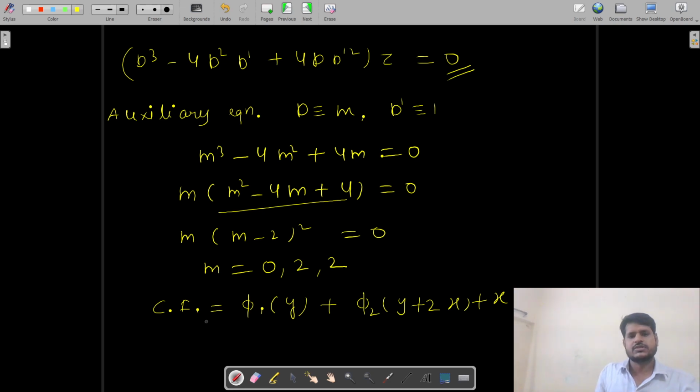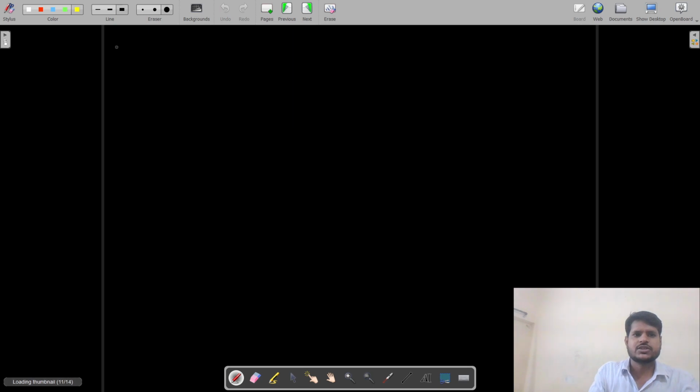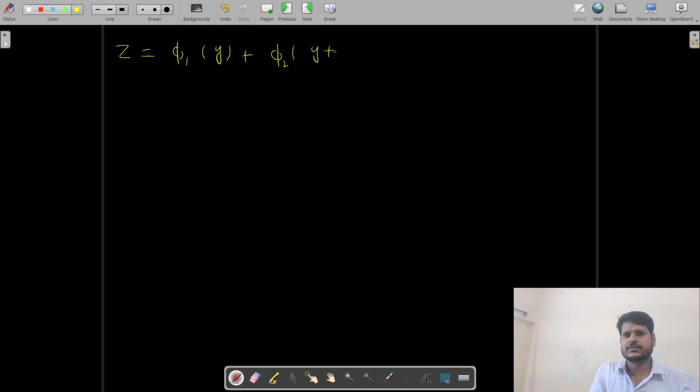So this is the complementary function, that is our solution. That means z equals phi 1 of y plus phi 2 of y plus 2x, and again we have phi 3 of y plus 2x. So this is our solution.